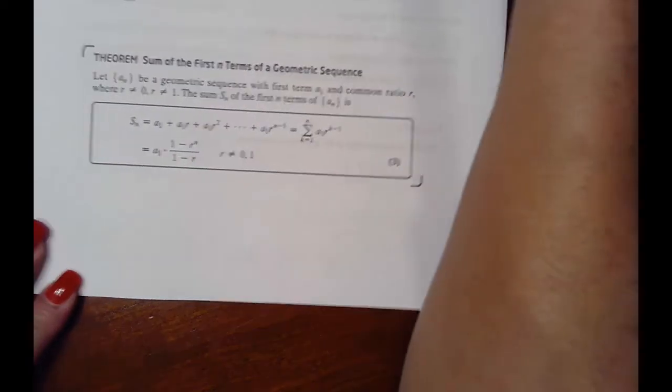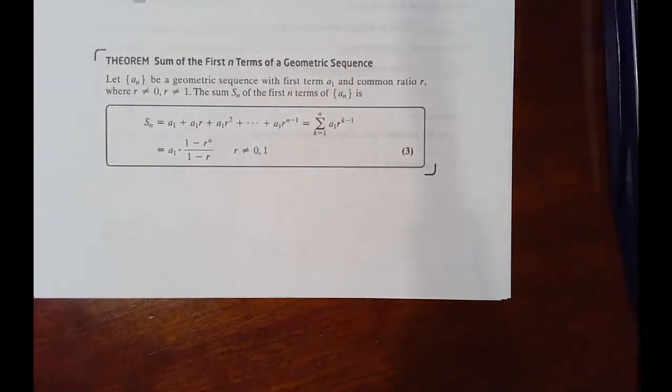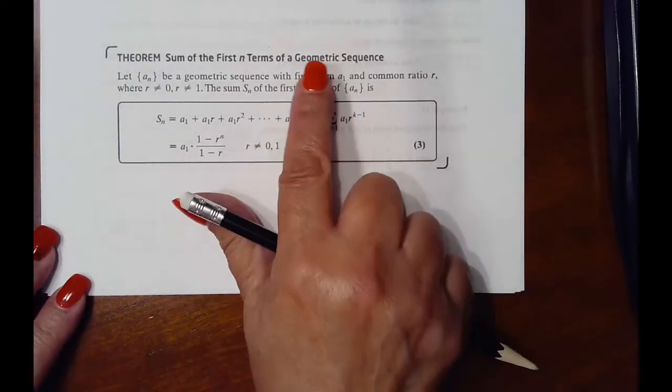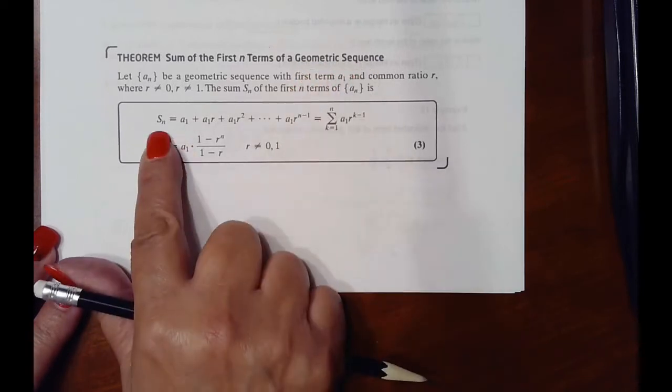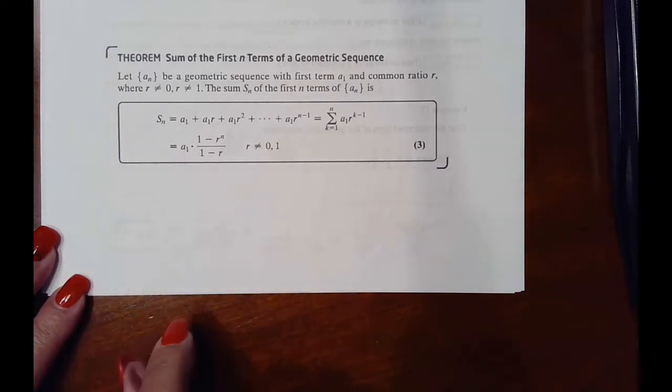Remember that we did a lot of finding formulas for the nth term when we were doing arithmetic sequences in 12.2, but then we switched over to finding the sum of, let's say, the first 50 terms or the first 100 terms for the arithmetic sequences, and now we're doing it for the geometric sequences. So same type of question, only a different formula when you're working with geometric sequences and being asked to find the sum.